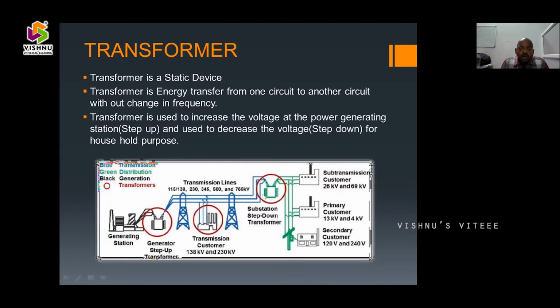This is one of the applications of transformers in the transmission as well as the distribution system. Not only for this application, generally many electronic and electrical devices also contain transformers of very small size. So finally, this is about the transformer.